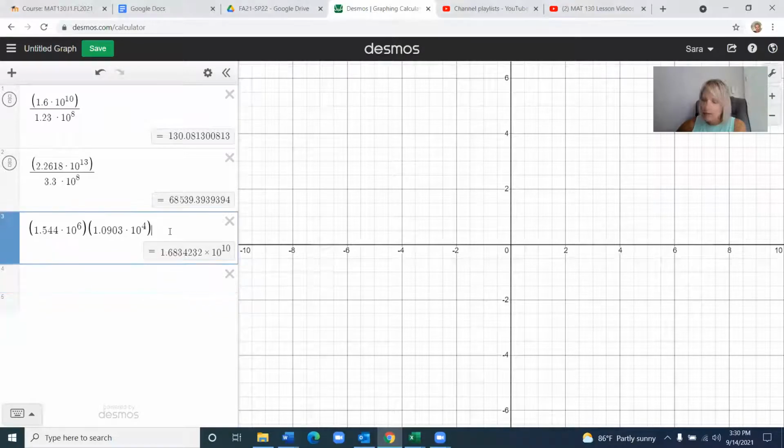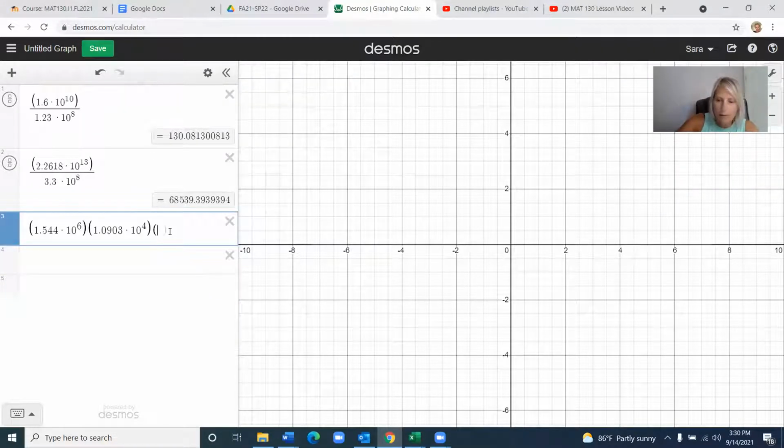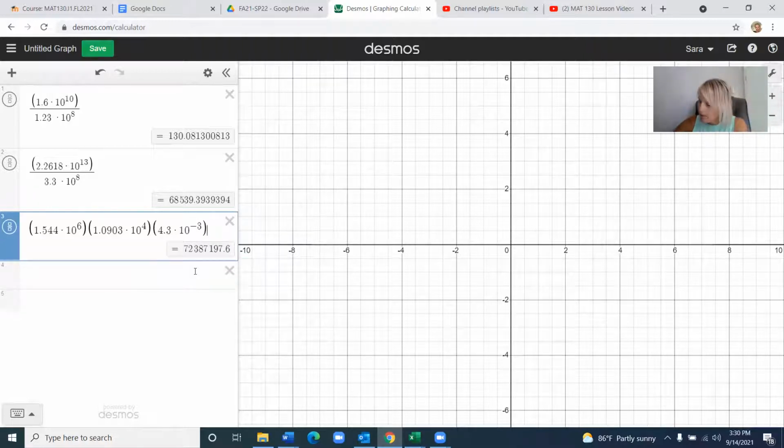And so I can just take this answer up here and multiply it again by the 4.3 times 10 to the negative 3. And it'd be 72,387,197.6. And this would be inches. Wow. That's 72 million inches thick.